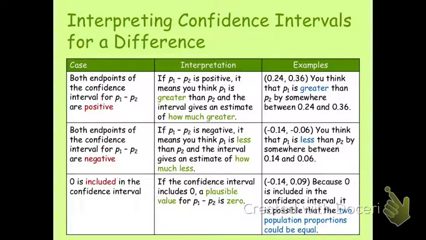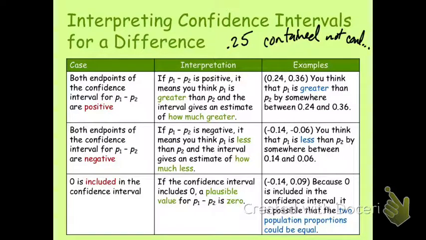So in the last unit, you were looking for the population proportion. On the test, it was 0.25, contained or not contained. That told me whether I rejected or failed to reject. If it was contained, then I failed to reject, and if it was not contained, then I rejected.